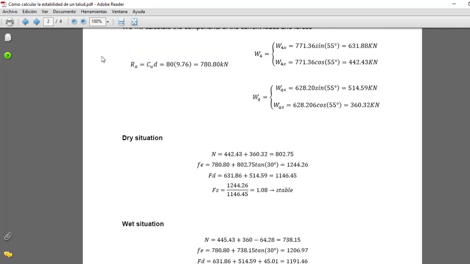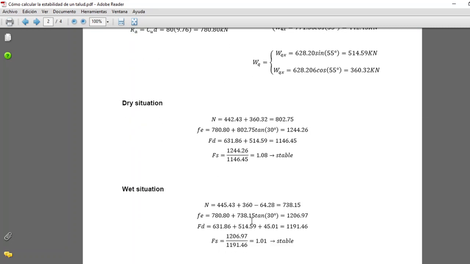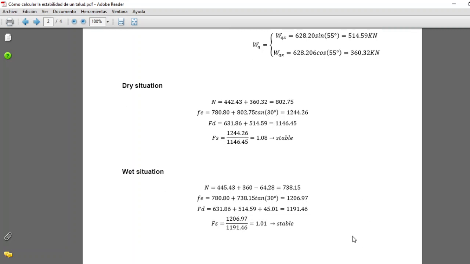The result of RA plus the result of N by the tangent of 30 degrees, and we have the result 1206.97 kilonewtons.